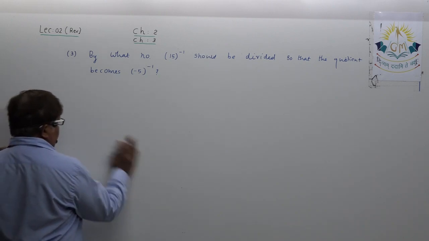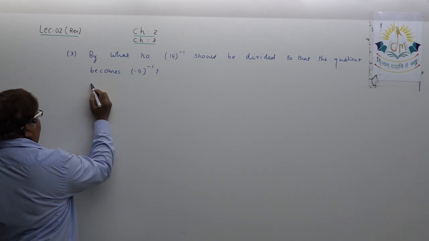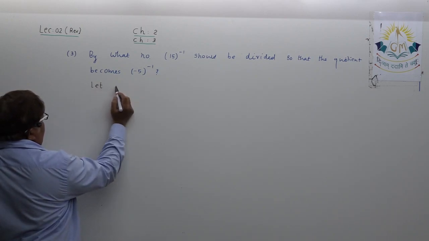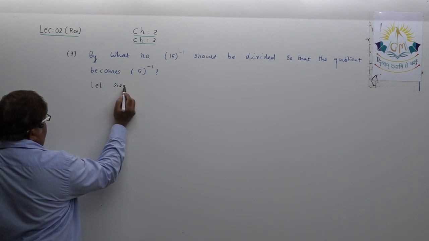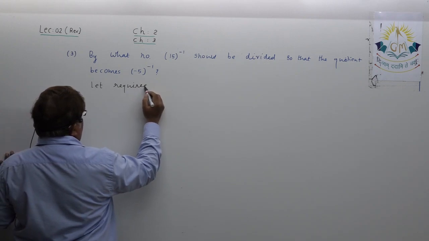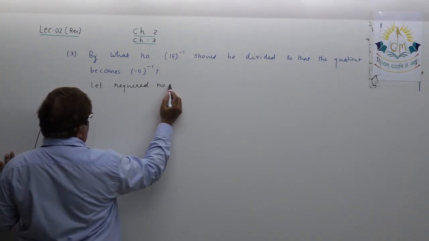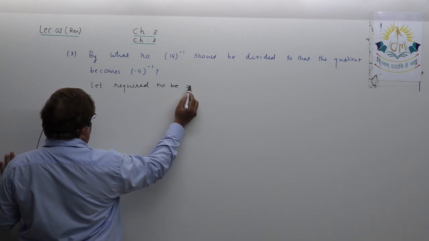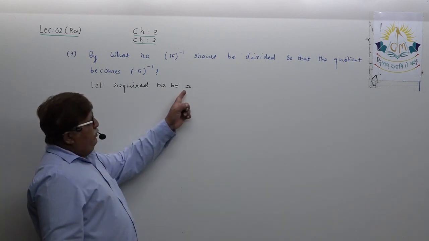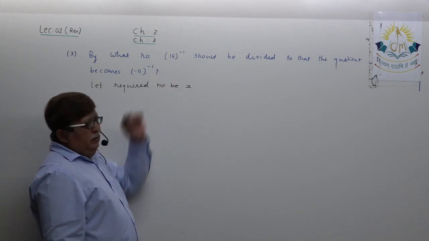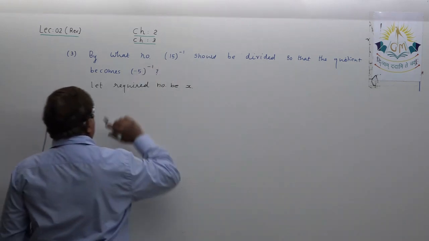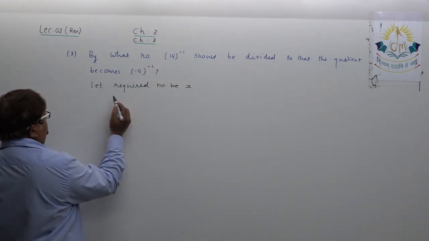So first you will like to utilize the statement: let the required number be x. Now, dear student, with this number we have to divide 15 raised to minus 1.